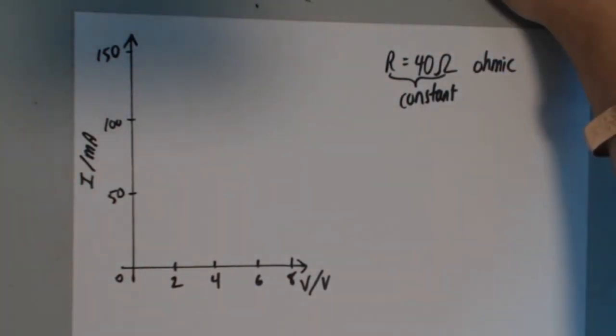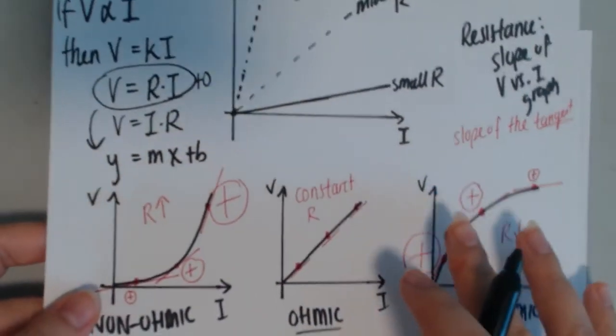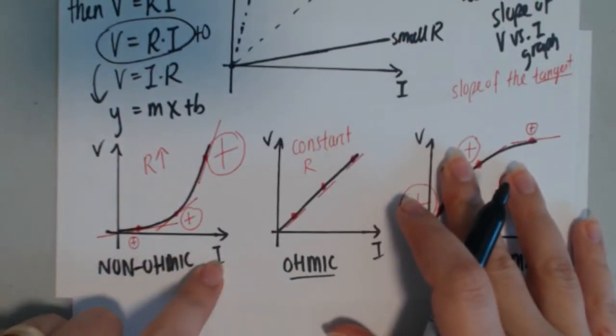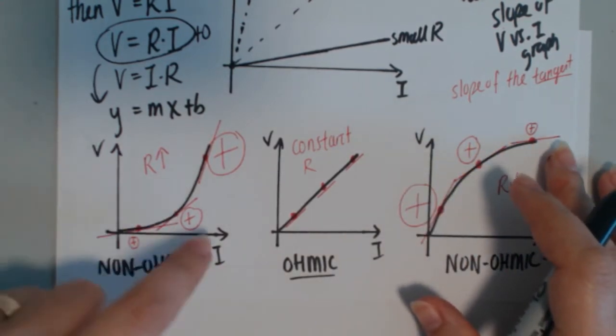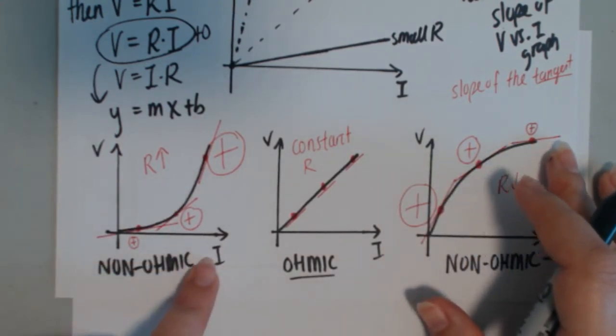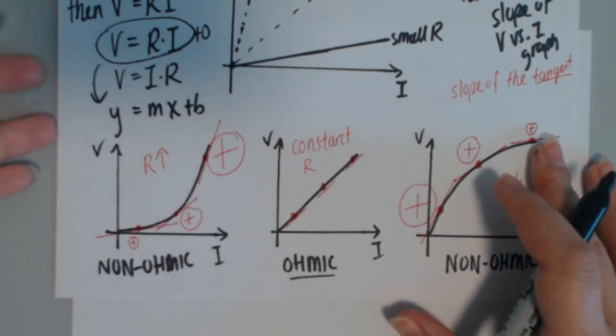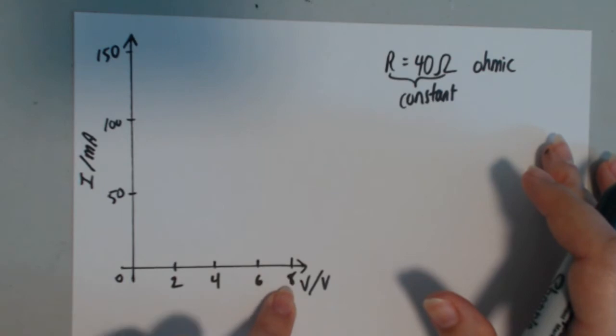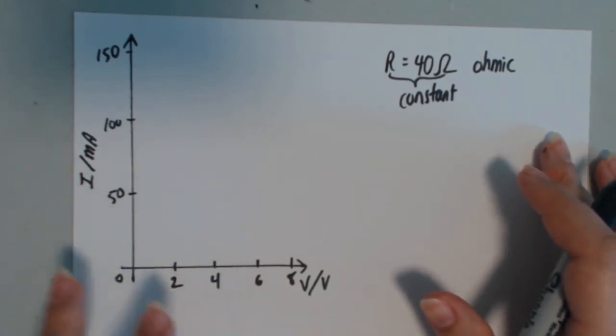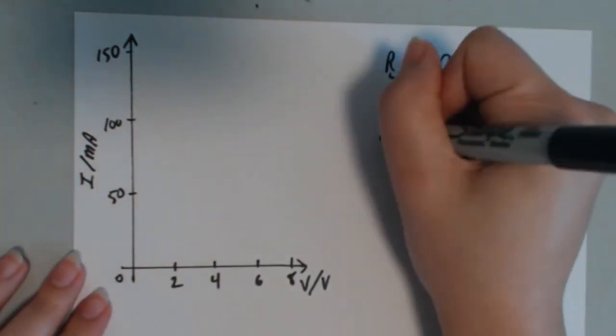Now, you got to be a little careful here because if you remember what we were doing before, we were looking at voltage versus current, and we said when you plot voltage versus current, in other words, y versus x, the slope is resistance. But here I don't have voltage versus current. I have current versus voltage. It's not the same. So that means the slope is not resistance.